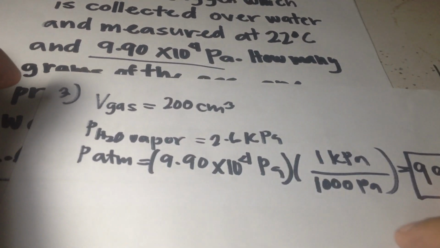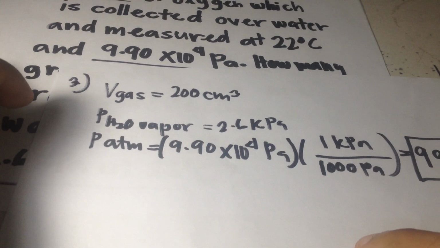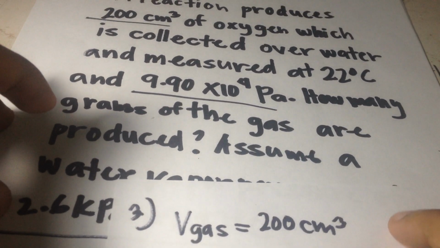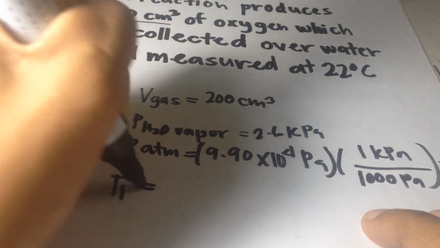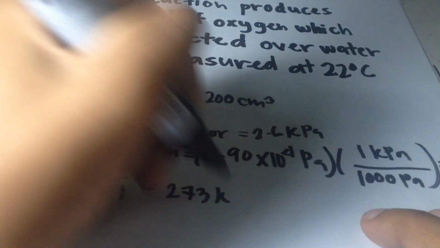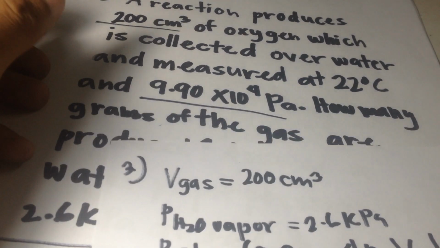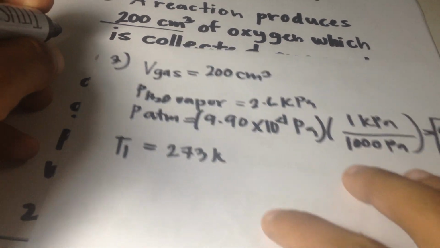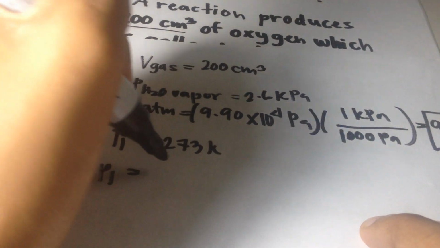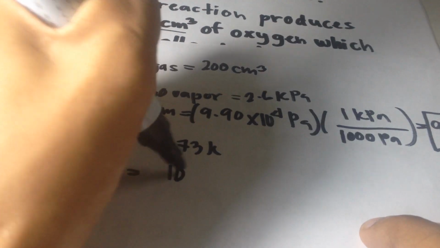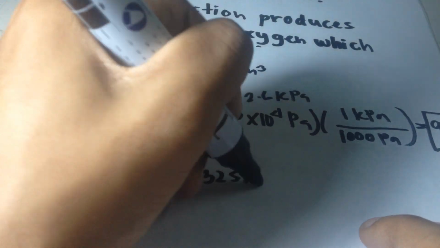Okay. And then, what's the temperature again? The temperature 1 is STP, so it's 273 Kelvin. And the pressure 1, the standard pressure at STP, is 101.325 kilopascal.